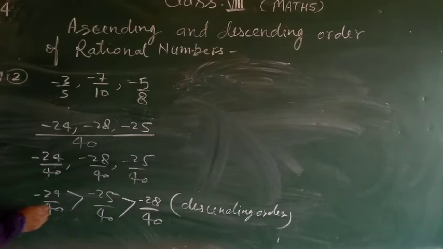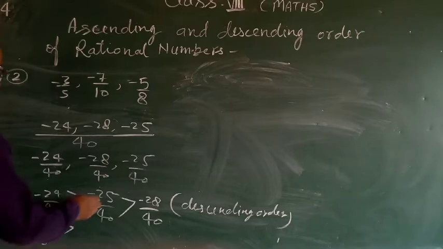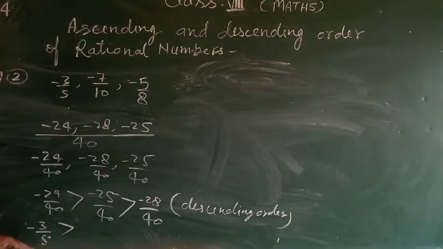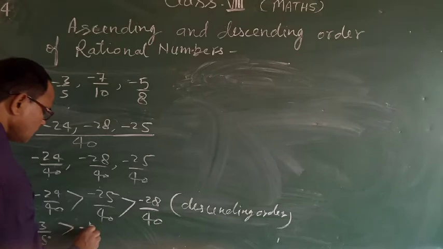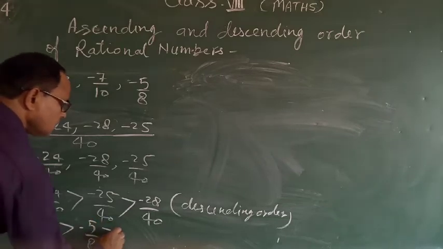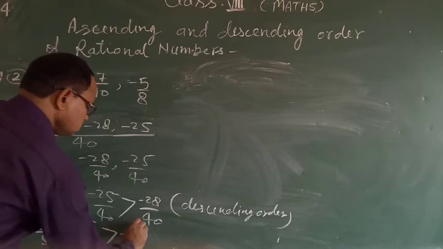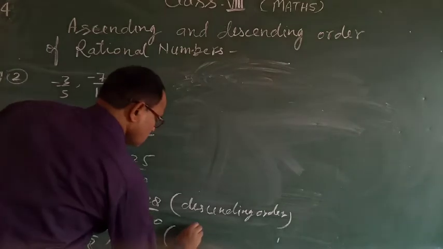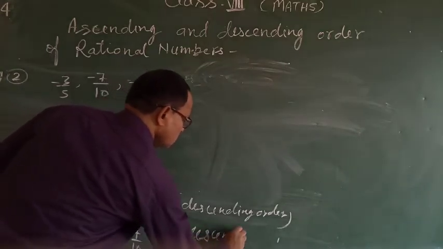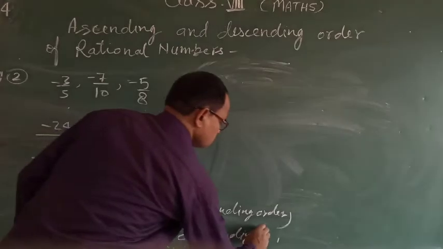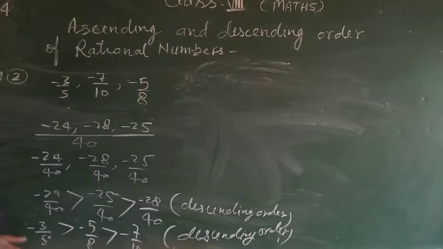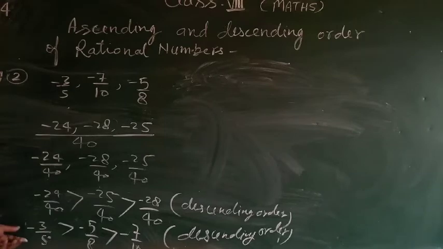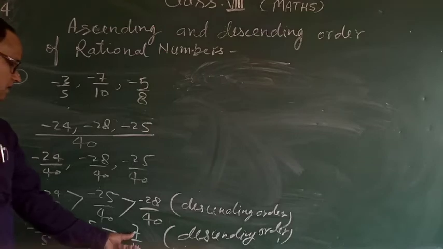And we write minus 3 upon 5 is greater than minus 5 upon 8 is greater than minus 7 upon 10, in descending order. Okay, students?